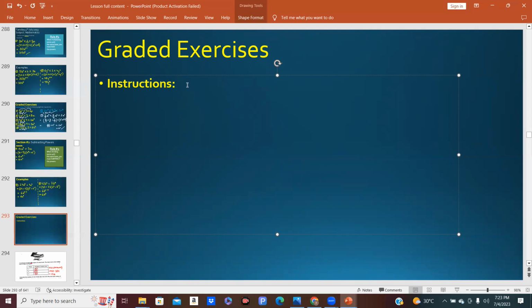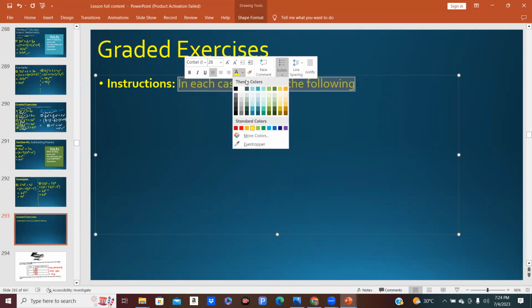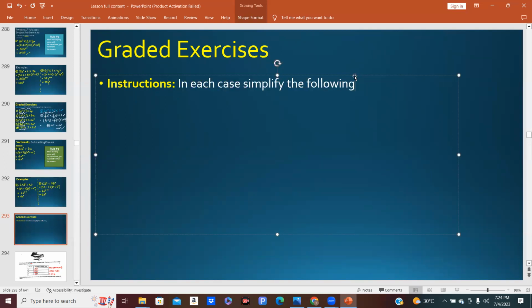So I would like to see how y'all answer these ones as well. So in each case, simplify the following. We could say the following algebraic expressions, right? Because these are algebraic expressions.